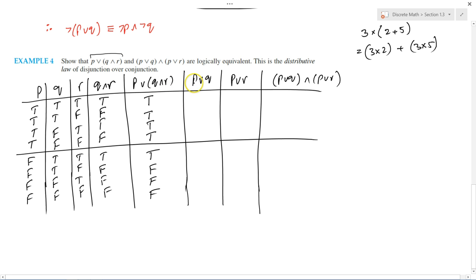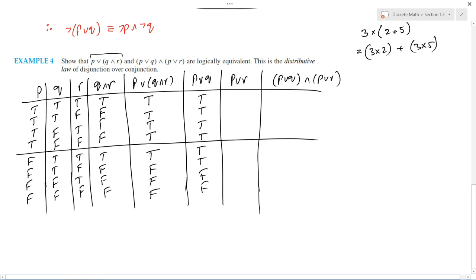Now let's go for the next one. P or Q. P or Q is just the OR table, and for the OR we have true, true, true, true, because one of these values is always true in all of these combinations. Okay, and we're going to have two true values here because one of these is true in this combination and the rest is going to be false.